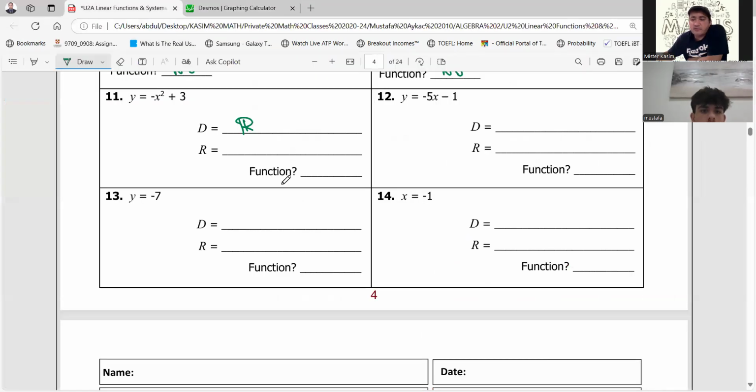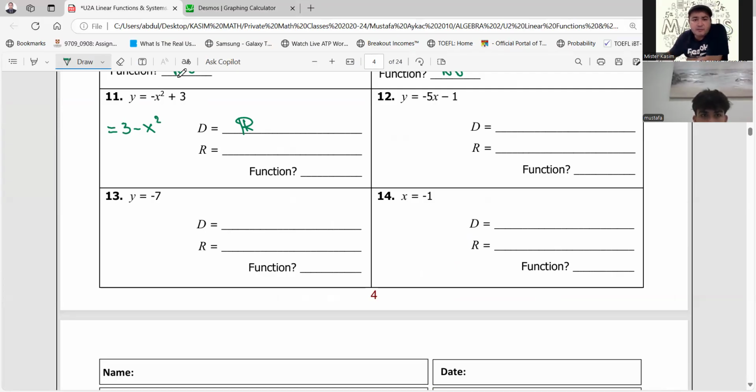But how about the range, Mustafa? The range, as you see here, is negative x squared plus 3. So this x squared is always non-negative. If you multiply by minus, I can rewrite this as 3 minus x squared, right? And the minimum value of x squared is 0.